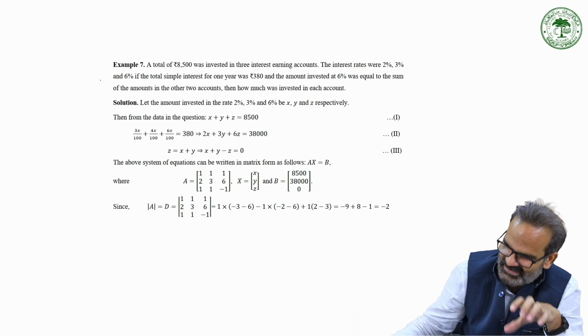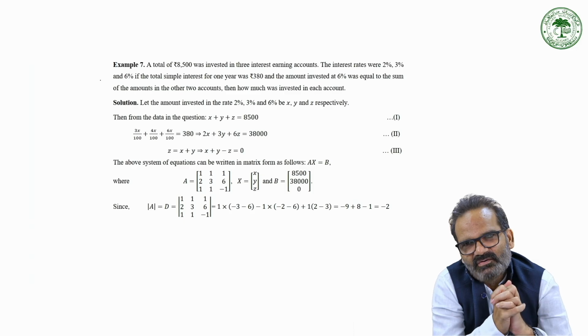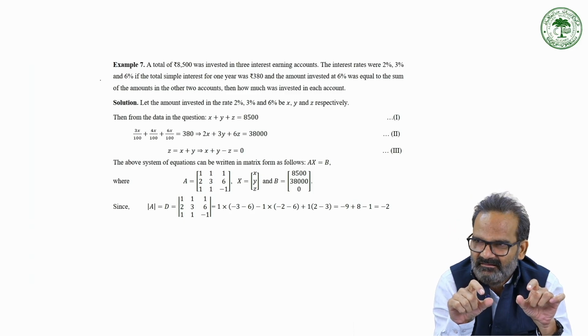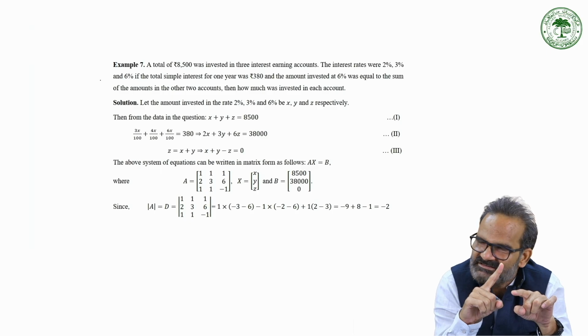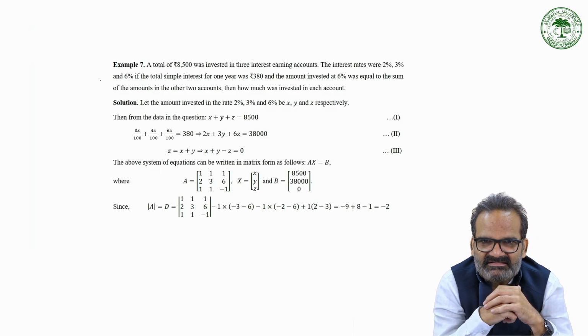So, what is the objective of the question? A total amount of rupees 8500 was invested in three different accounts which are running at the rate of 2% interest, 3% interest and 6% interest, right? And the total simple interest for 1 year is rupees 380 and the amount invested at 6% was equal to the sum of the amounts in the other two accounts.